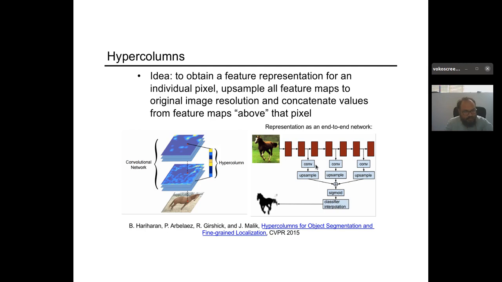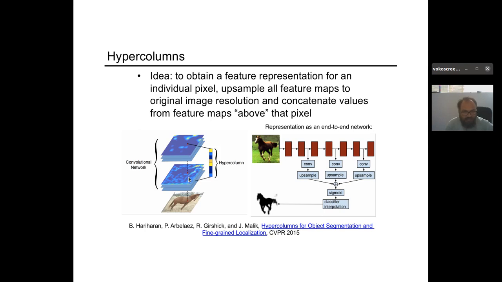Once you do this upsampling on different levels of the convolutional neural network, on different feature maps, all these feature maps after upsampling are of the same dimensions. Then we concatenate them. You can see in the figure here, for each pixel there is a value in all the feature maps.